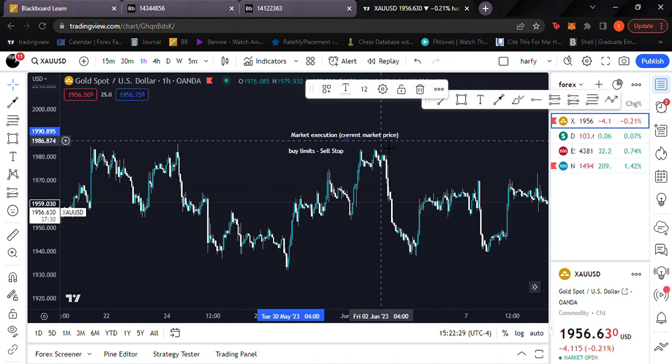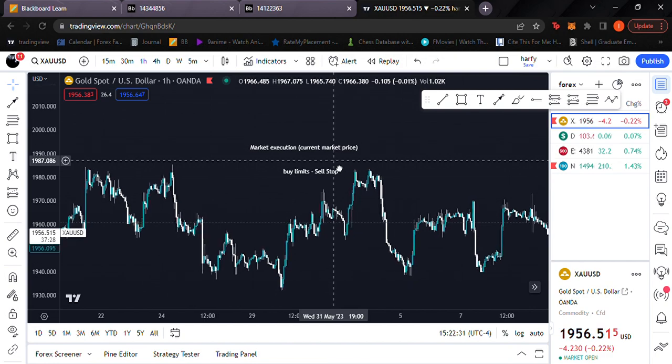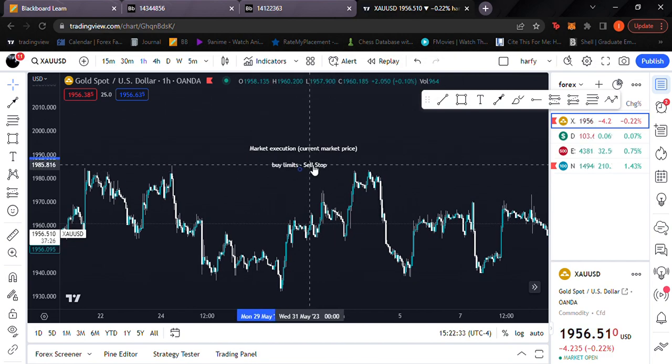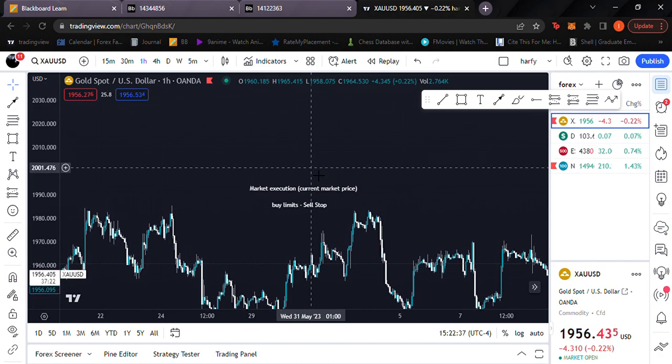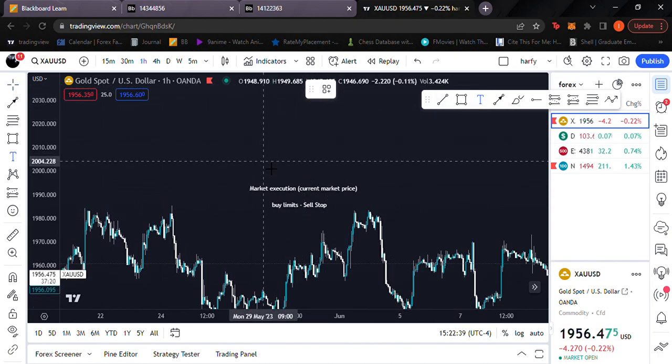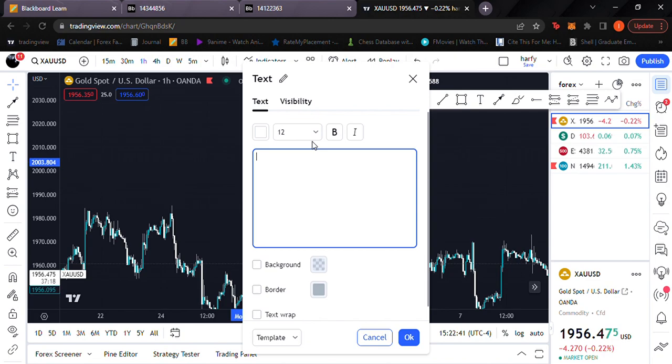So when you're on your MT4, when it says market execution, what happens when you click that? You would be sent straight into the trade. Above the market execution, you have buy stops and sell limits.